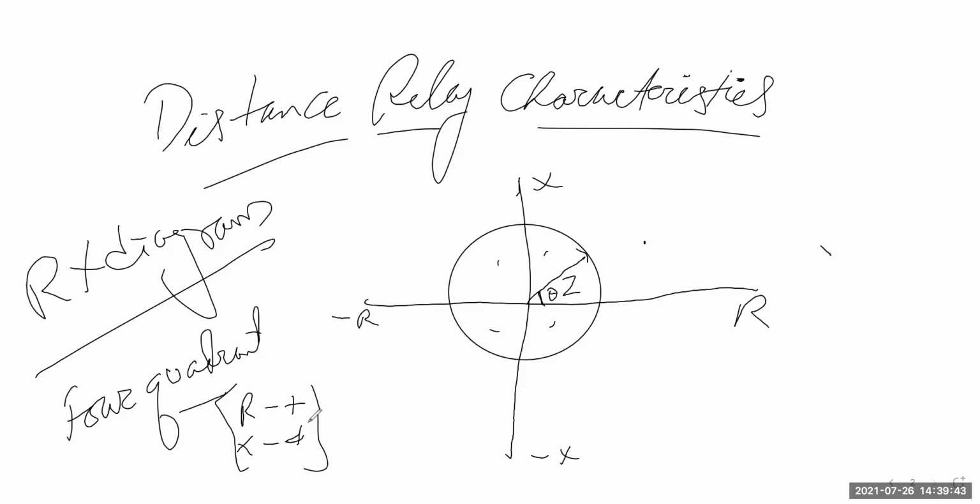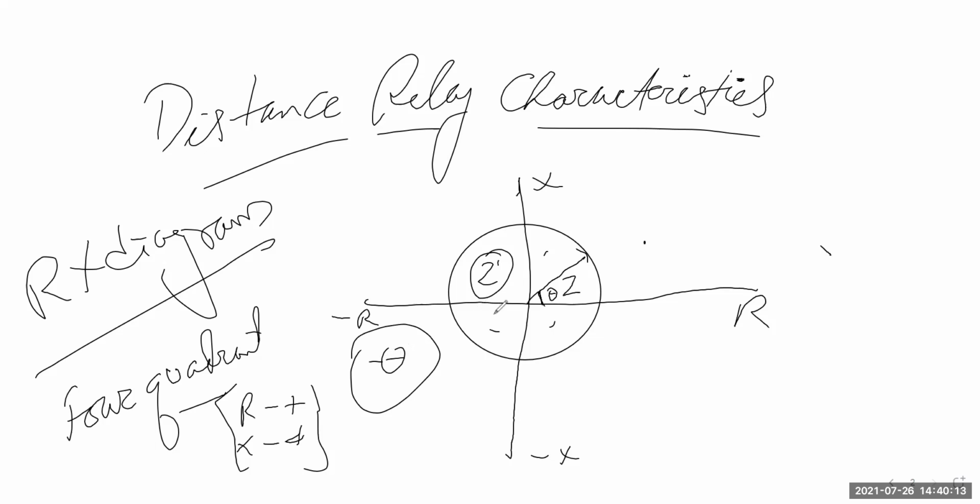In the second quadrant, the angle theta is negative, therefore the relay will not operate.